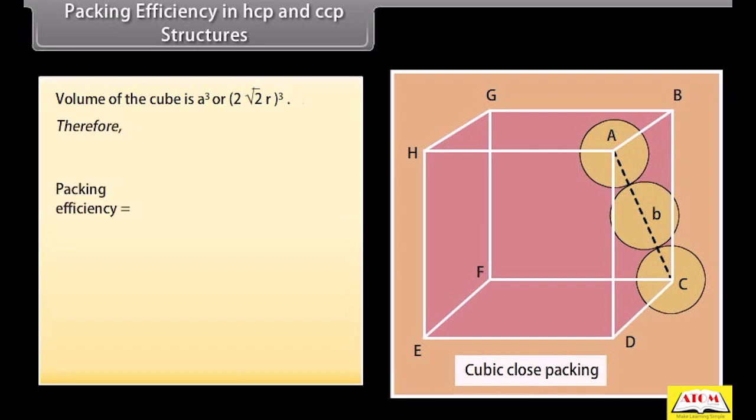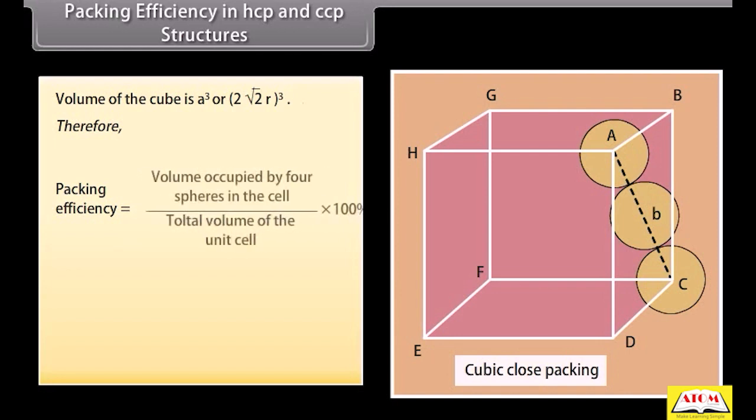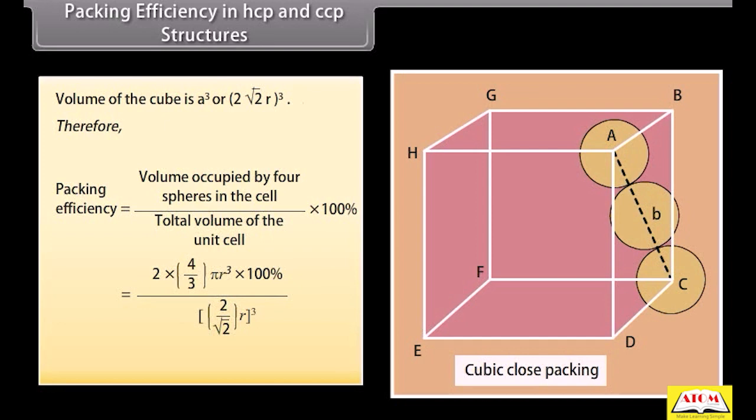Therefore, packing efficiency is equal to volume occupied by 4 spheres in the cell into 100 upon total volume of the unit cell, which is equal to 4 into 4/3 πr cube into 100 upon (2 square root 2 r) cube, which is equal to 74%.